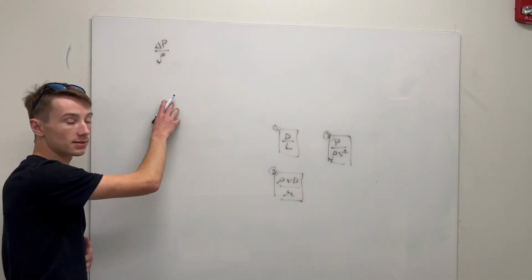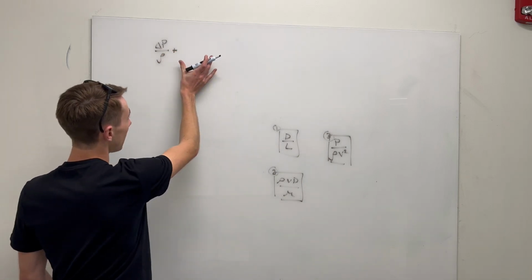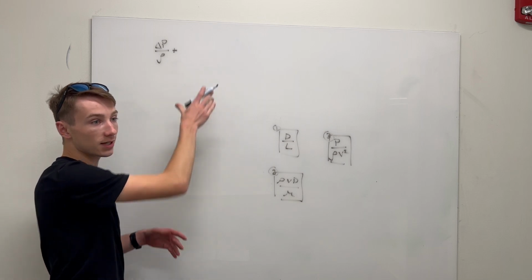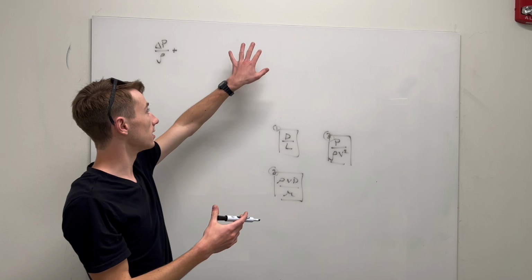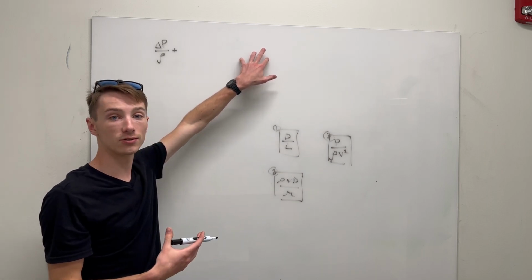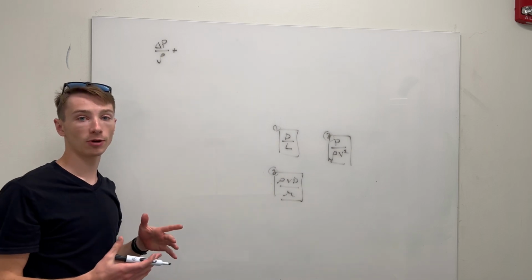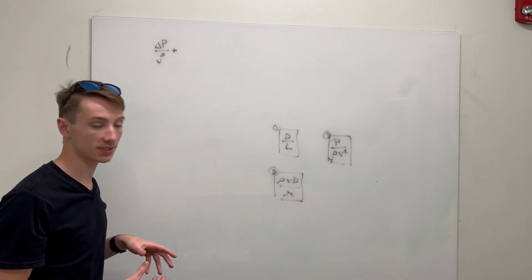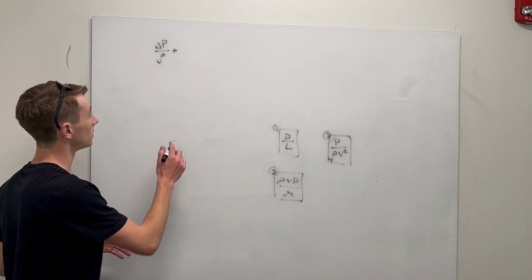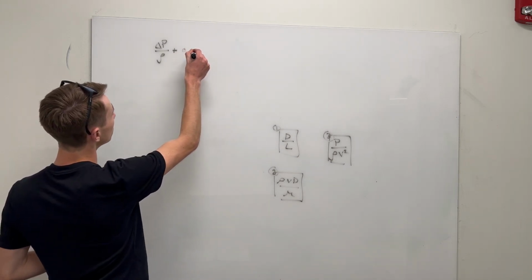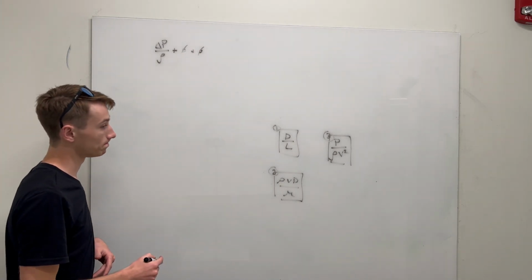We have delta P over rho plus, we would have a component here for the change in potential energy, the change in height, and then also the change in kinetic energy due to a narrowing or widening of the pipe. But for this problem, we're going to assume a horizontal cylindrical pipe, constant diameter, so those terms really will equal 0. Okay, we don't have to worry about it, but they would be there normally.